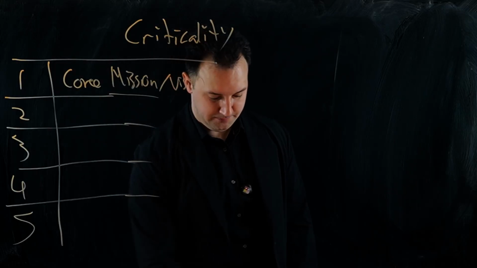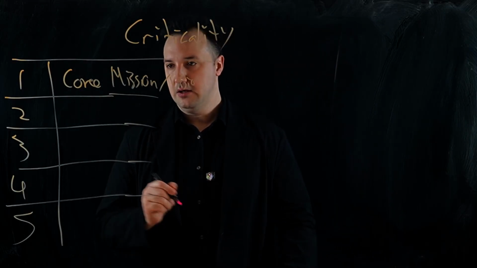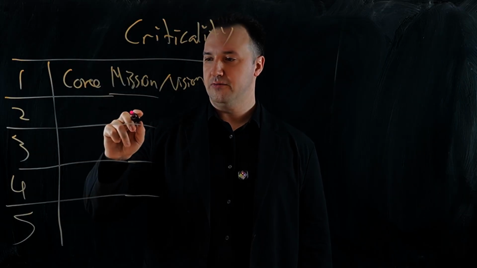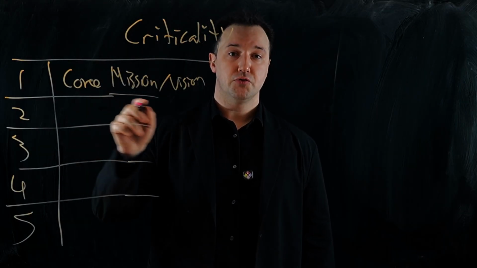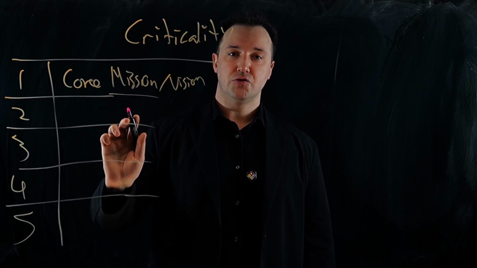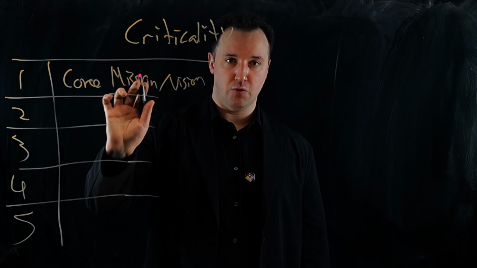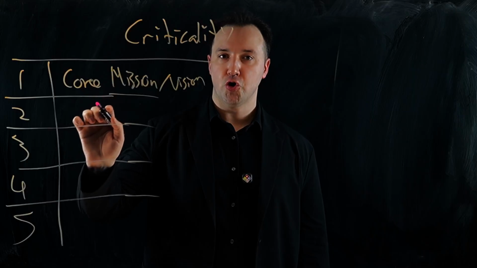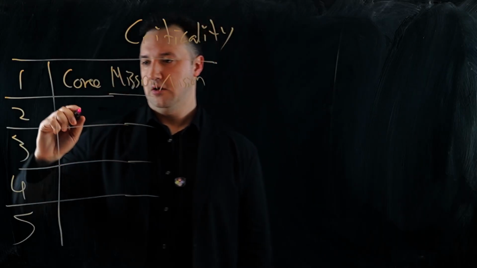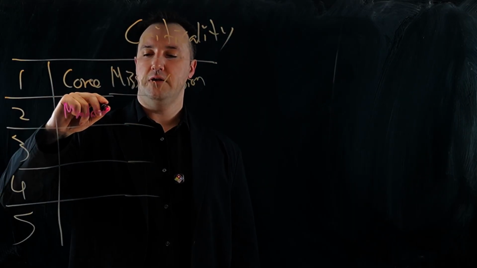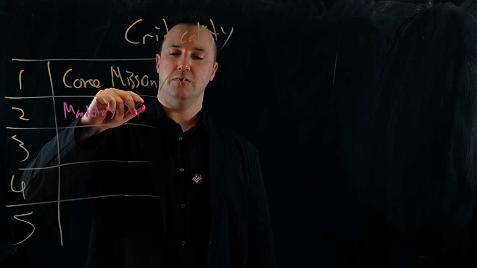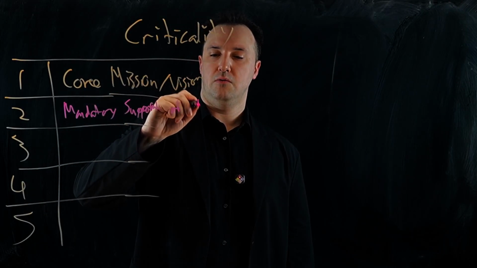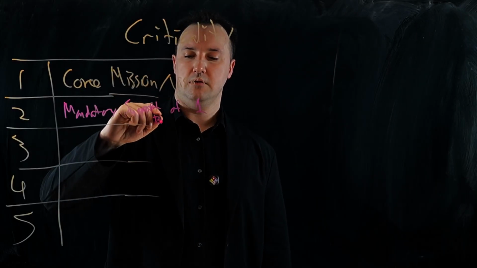Your number 2 is going to be, and I should actually have done this in a different color order for the sake of things being pretty, but whatever, stuff that directly supports the core mission or vision that must be internal. So this is internal, mandatory, directly supporting: mandatory support of 1, internal.